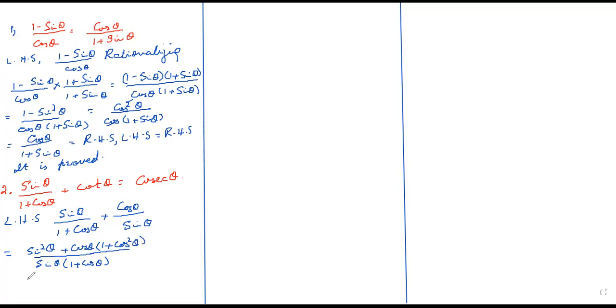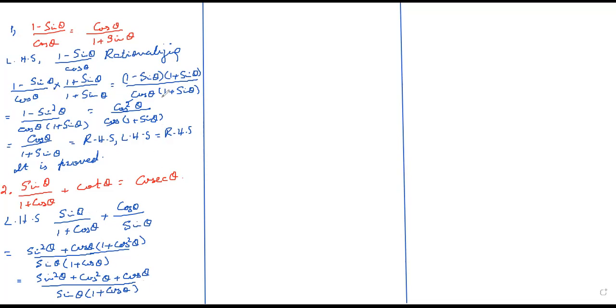So the numerator will be sine square theta plus, when we multiply these two, cosine square theta plus cosine theta, divided by sine theta times (1 plus cosine theta). We are simplifying the left hand side.